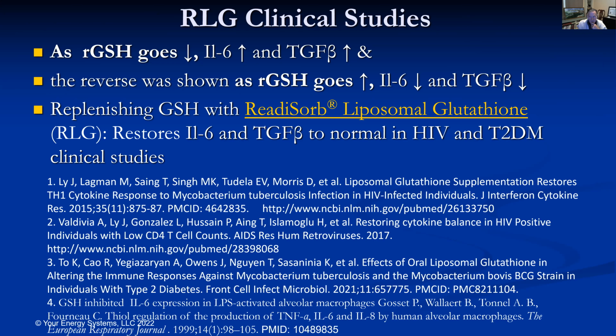The type 2 diabetes study focused primarily on IL-6. Here the studies are listed, the 4 studies. And again, these can all be identified at bernisorb.com/COVID, so you don't need to worry about writing numbers down here.